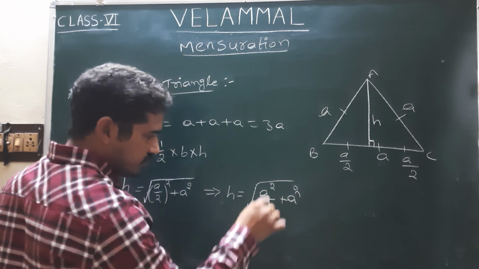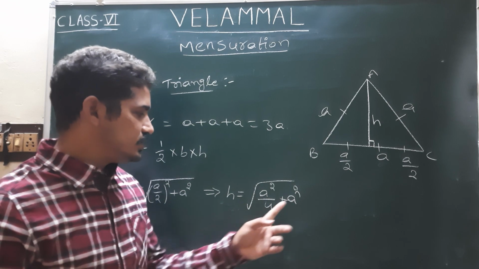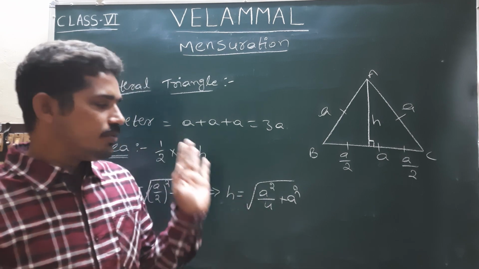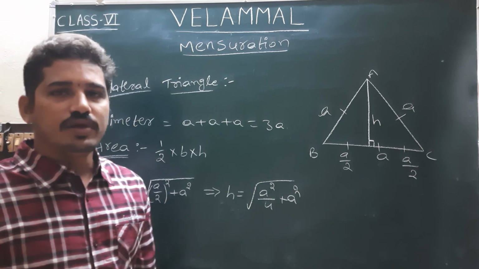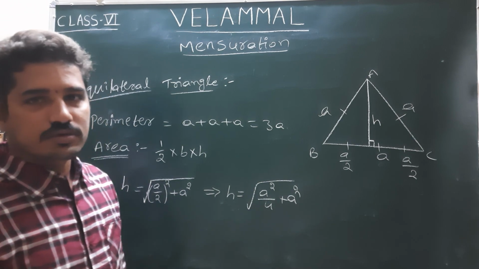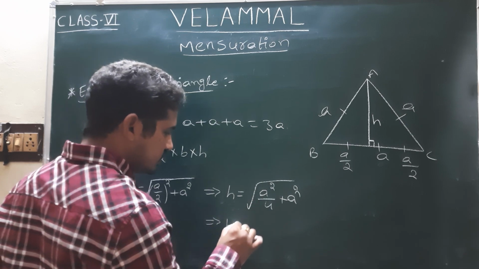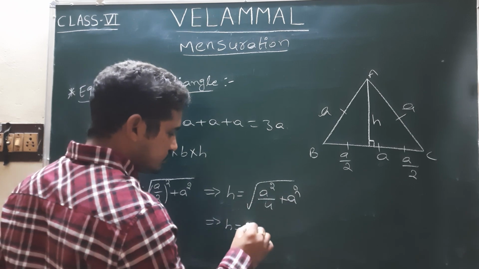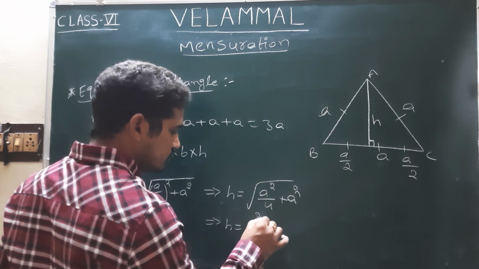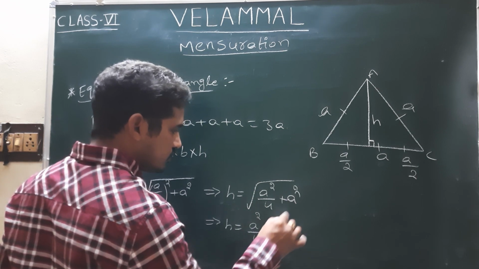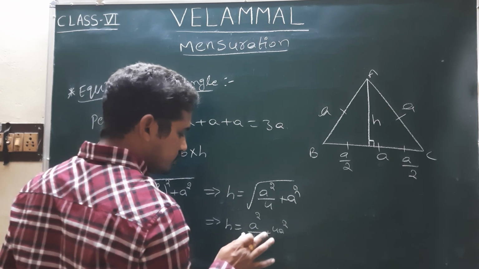You will get these simplifications in the further classes. Don't worry about this. If you remember, just remember the final formula alone. Later we will explain how to apply the formula also.